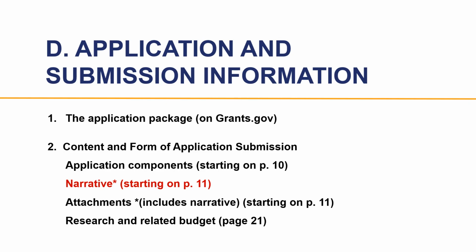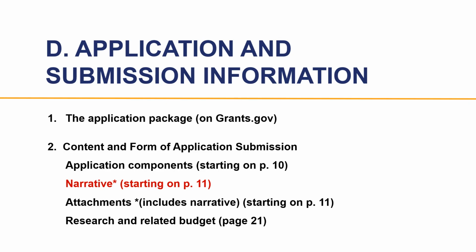There's information about the different parts of the application starting on page 10. The narrative portion, which in some ways is the heart and soul of your project, where you describe what you'll be doing for us, starts on page 11. That's the 12 pages that you'll be writing to go through what your project is, its significance, how you'll do it, who will be working with you, and ultimately your grant product.